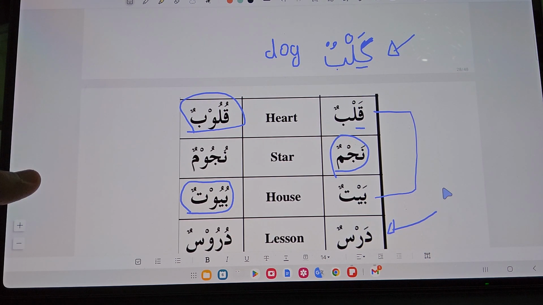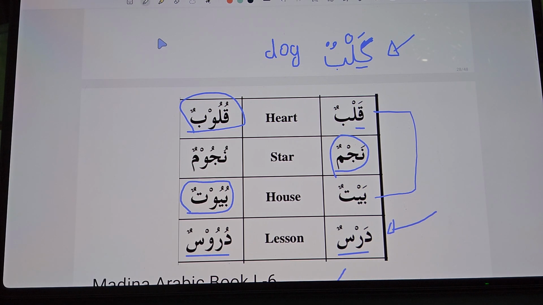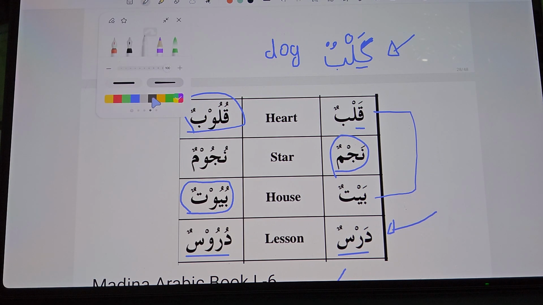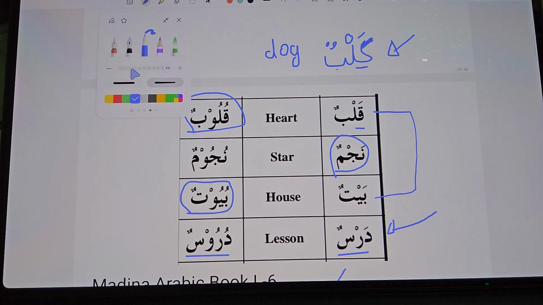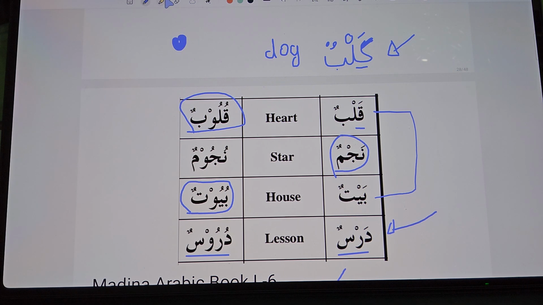The first one is jam muzakkar salim. For example, muslimuna. Muslimuna, yes.